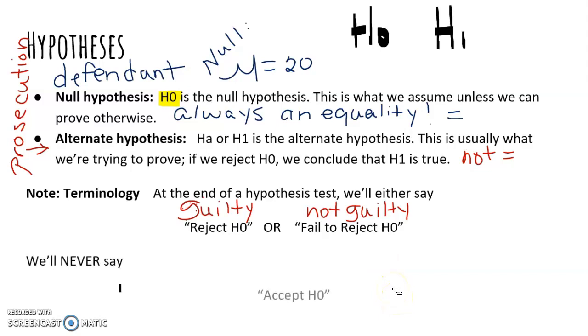So we will never say that we accept the null, or that the null is definitely true. We can only say that the null is not true, or that it's guilty, that we reject it, or we can say we fail to reject it. And that's all you can say. You can't say that it's innocent in the closing decision.